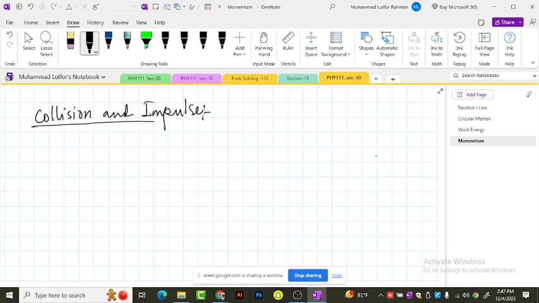When a collision takes place, due to the huge force during that collision, the system changes momentum. This change of momentum we call the impulse, because a huge amount of force acts on the system for a very short amount of time. The best example is when a cricket player hits the ball with his bat.